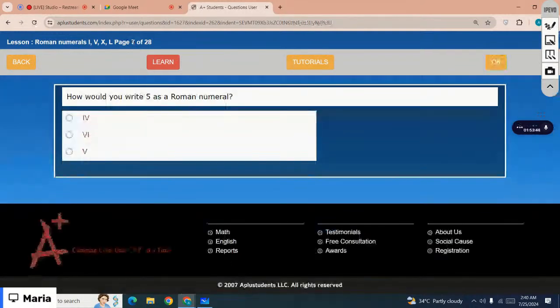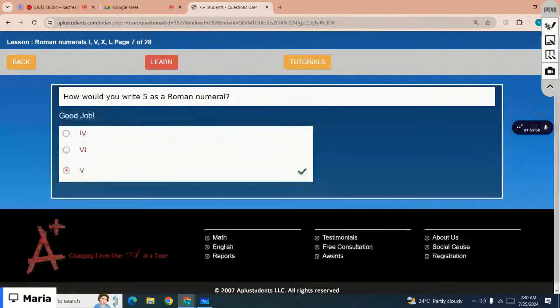How would you write 5 as a Roman numeral? So which is the correct option? Yes, you can write it as V. Option number 3 is the correct option.